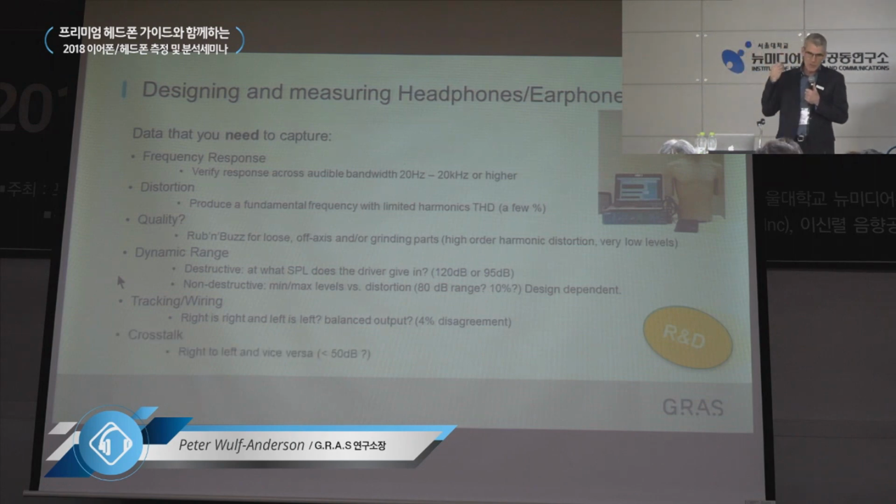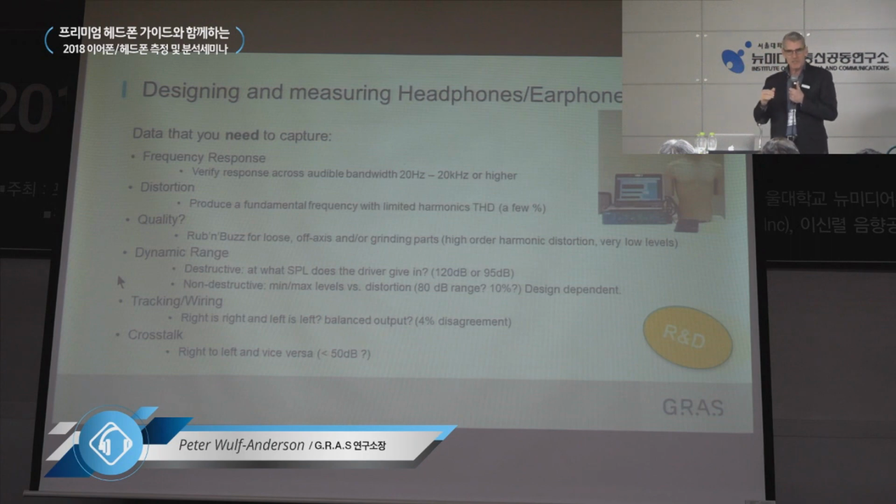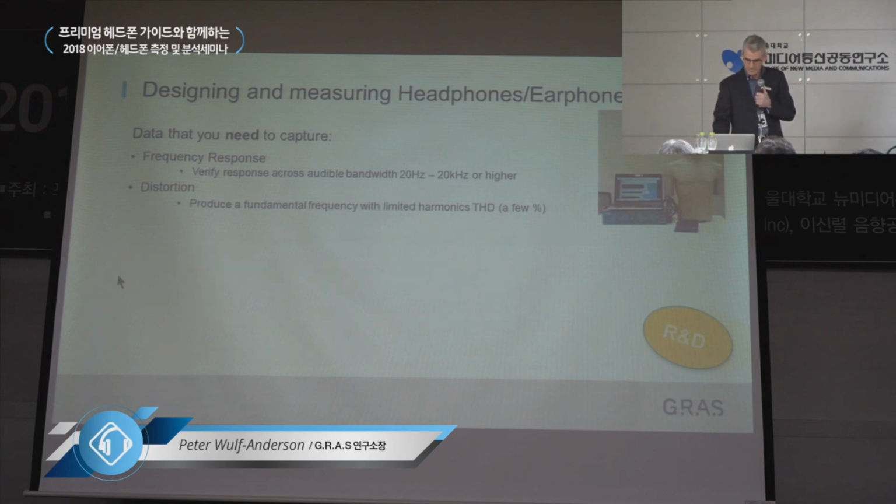And last, also make sure that crosstalk is kept low, so what goes to the right channel is not being heard on the left channel. At least it should be much, much lower. So these are the basic parameters you need to measure when you design headphones.